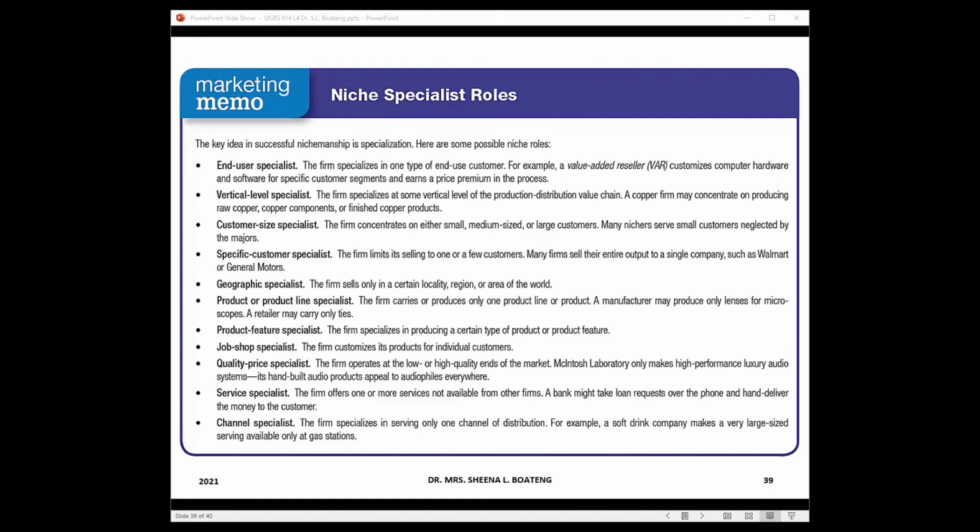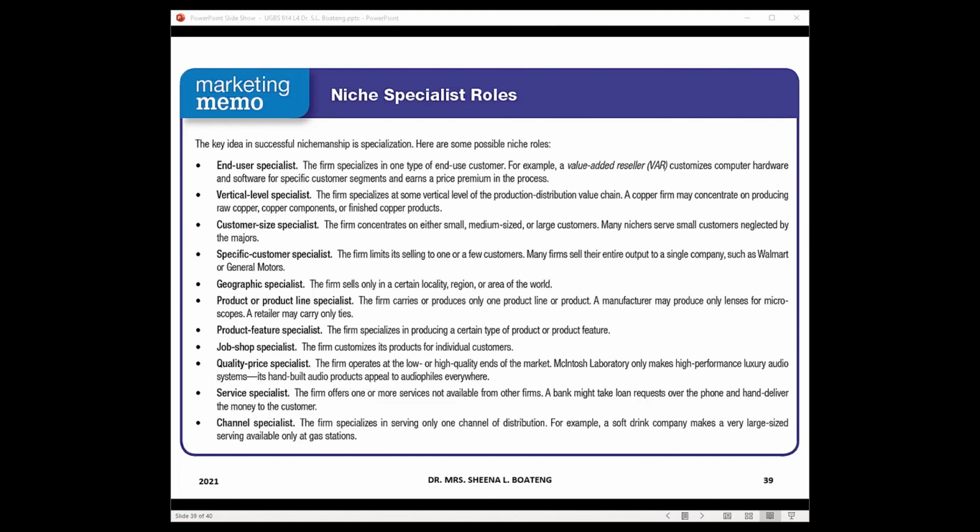Again, we can talk about job shop specialists. They specialize in customizing their products for individual customers. And this one is very common around us. You can order a customized birthday cake. You can order a customized engagement attire. Where are the ladies?